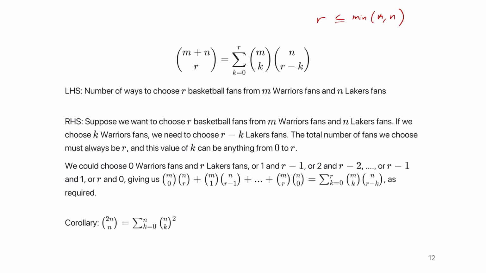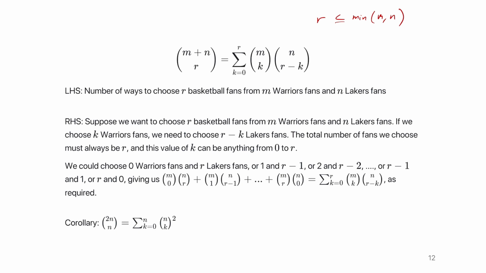Now, on the right-hand side, our justification is, suppose we want to choose r basketball fans from this group. Whatever number of Warriors fans we choose, the remaining all have to be Lakers fans. Suppose r is 10. If we choose 2 Warriors fans, we have to choose 8 Lakers fans. If we choose 3 Warriors fans, we have to choose 7 Lakers fans. So whatever r is, if we choose k of our r to be Warriors fans, the remaining r minus k have to be Lakers fans.